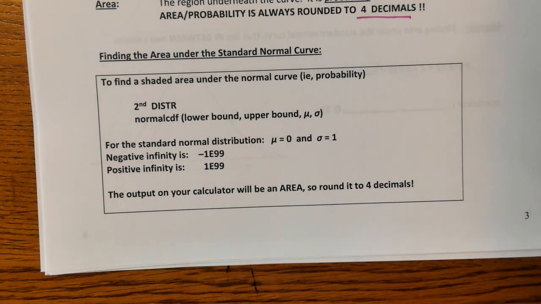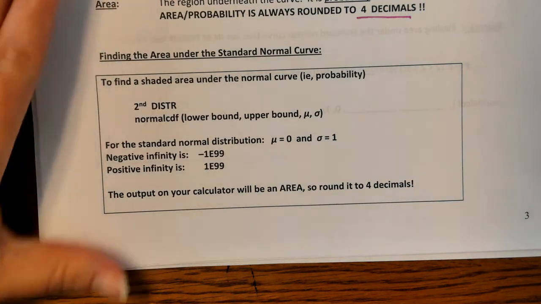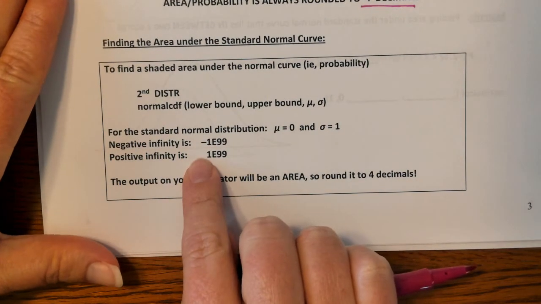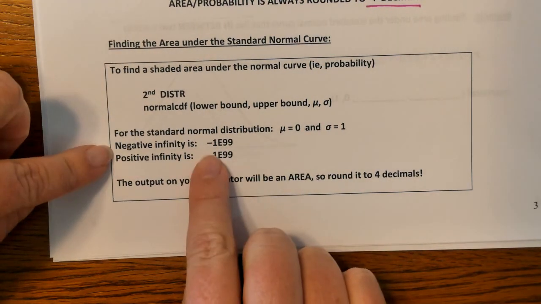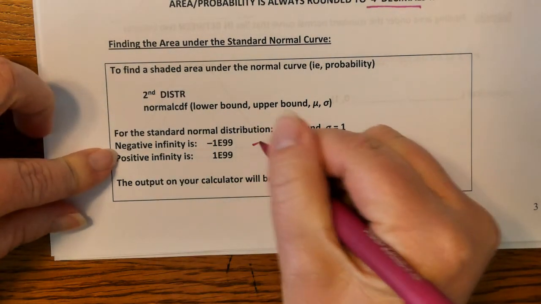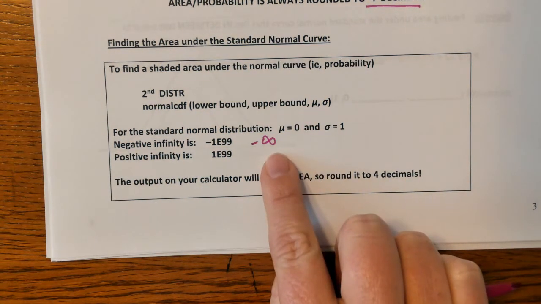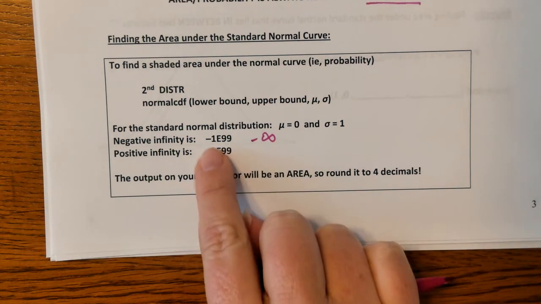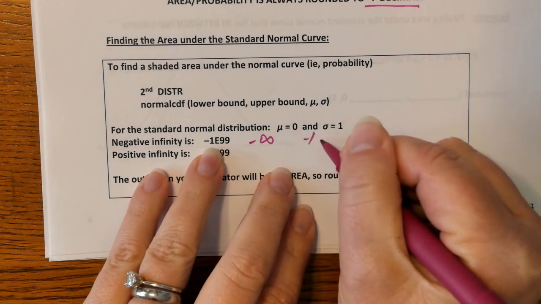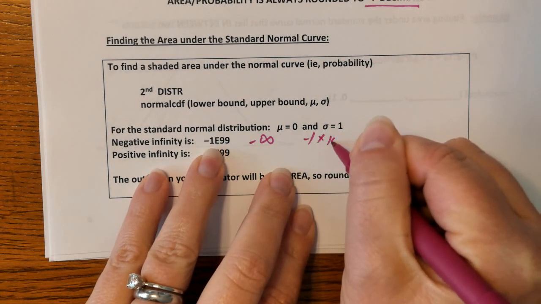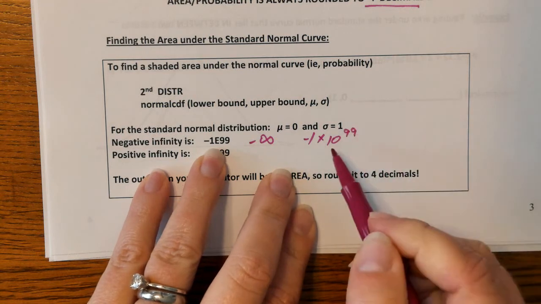All right. The other thing we have to talk about is infinities, okay? I'll show you how to do that in just a second, but it is a reminder right here on your notes that if you want the symbol negative infinity, we don't have an infinity button on our calculator, so we'll type -1e99, which is the calculator's way of saying -1 times 10 to the 99. That's scientific notation.